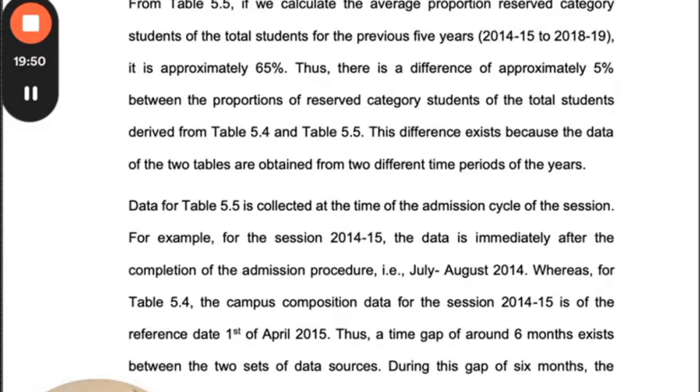But that requires a deeper investigation on why these students are dropping out. This is a very complex topic, and there are quite a few suicides also. But this requires a more in-depth investigation and findings, which the author has not got into in this thesis. This thesis has not got into those aspects of why people are dropping out, and that requires probably a much deeper study.